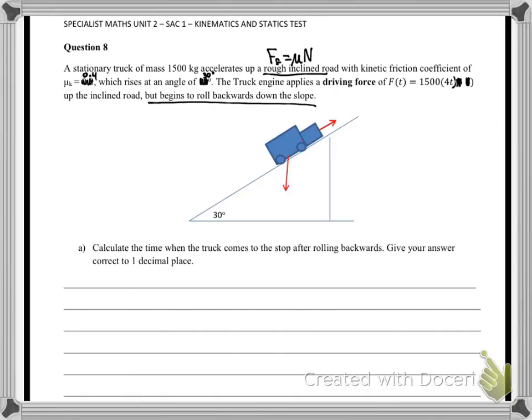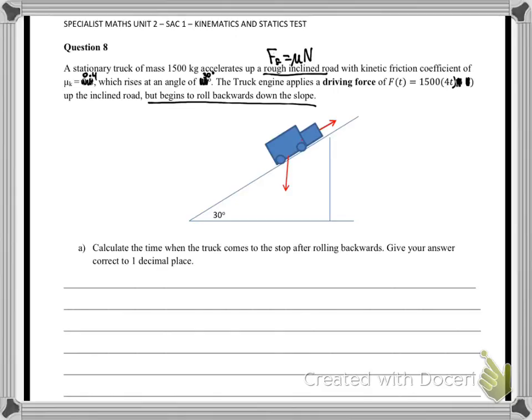So for this question to work properly, let's consider the little edits that I've made. The coefficient of friction needs to be 0.4. The angle here should have read 30 degrees, and the truck engine applies a driving force, which is going to be given like this, and that will allow the problem to work out better.